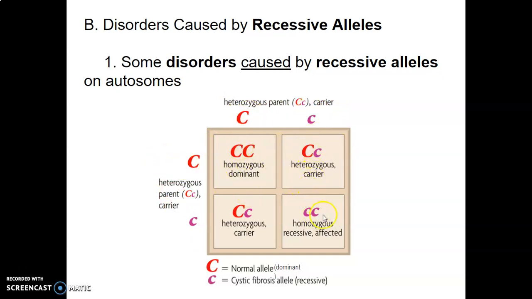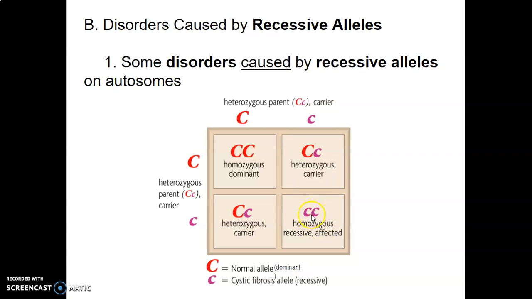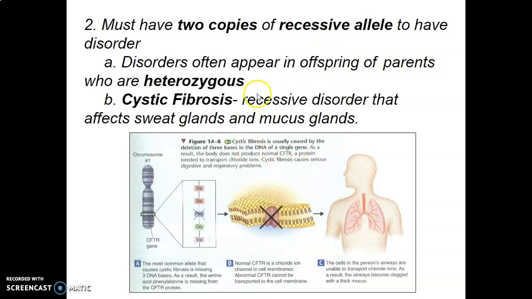We can see that this person would have a 25% chance of having the disorder because it is carried on that recessive allele. That's what we're worried about when we talk about a recessive allele disorder. It just simply means that they have to have 2 copies of the recessive allele to have the disorder, just like we saw in that Punnett square a minute ago.